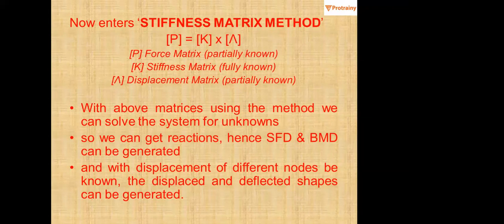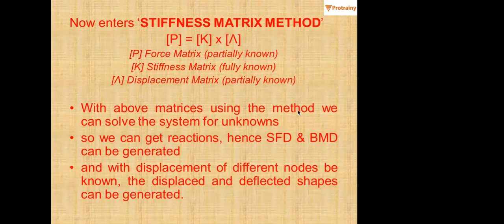Whatever dimension you want to provide to the cross section of these elements, you can do it. So the stiffness matrix is the only matrix which is fully known, right? So we end up with these three matrices. With the above matrices, using the method, we can solve the system for unknowns. So we can get reactions, hence the shear force diagram and bending moment diagram can be generated.